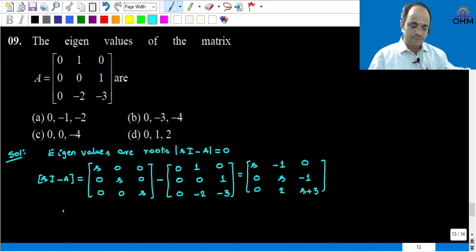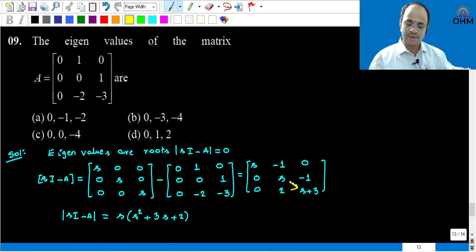Now, if you find the determinant of sI minus A, what you will get? You will get s into (s square plus 3s plus 2), okay, s into this one. Now, the remaining two elements become 0, hence you can write it as 0.